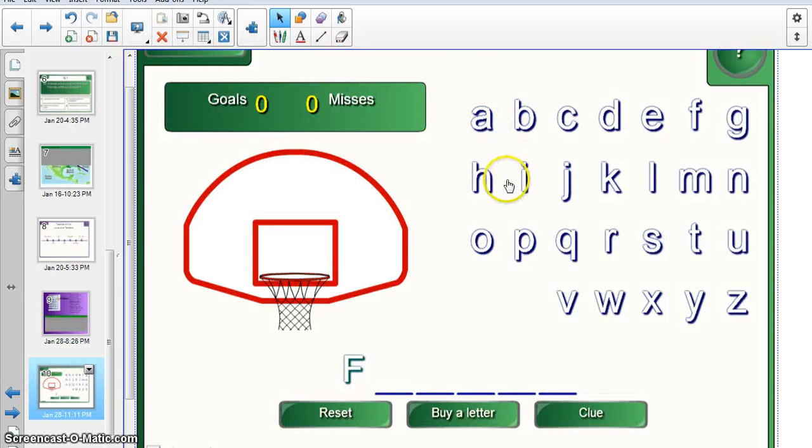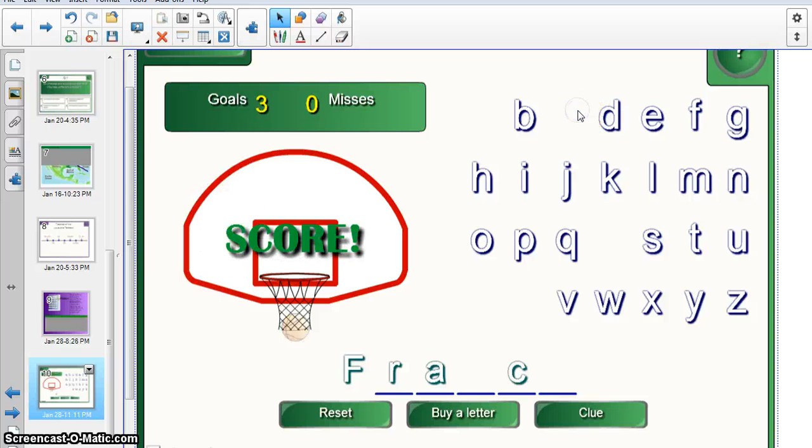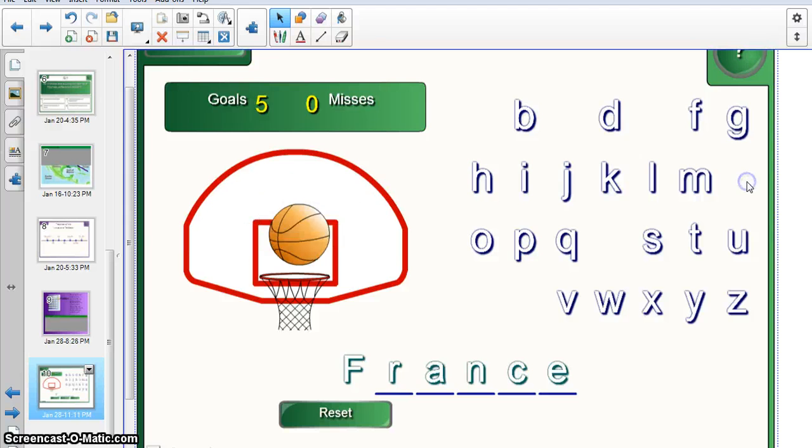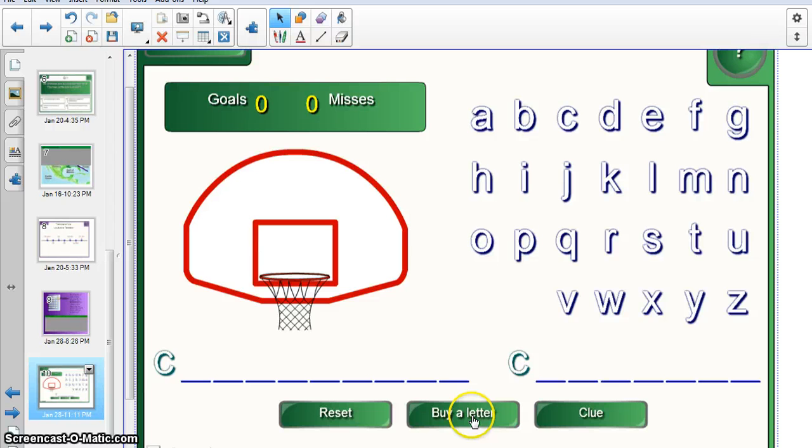And they can click on letters in order to get the score. And it can go on to the next. Oh, it's supposed to be an F there. They can go on to the next one. If they don't know it, they can buy the letter, but that counts as a miss.